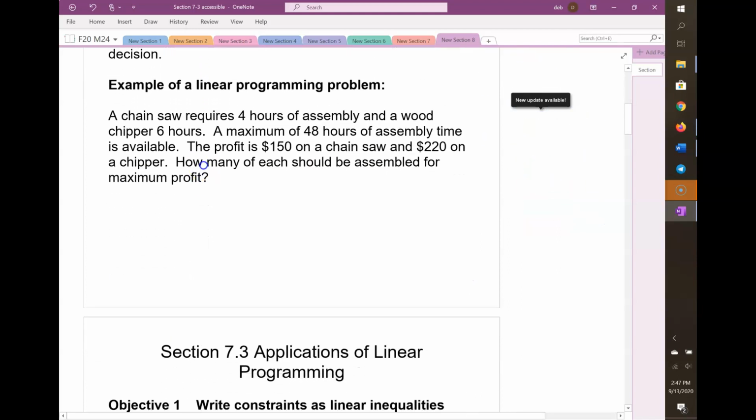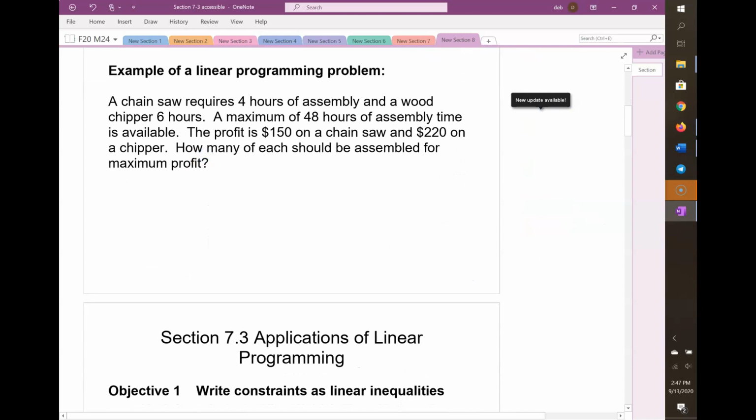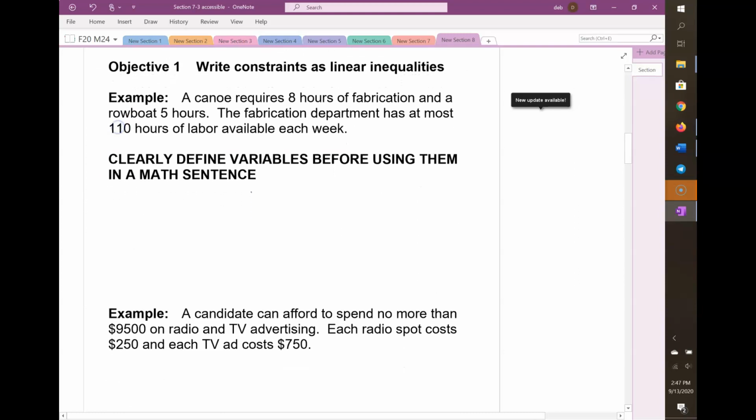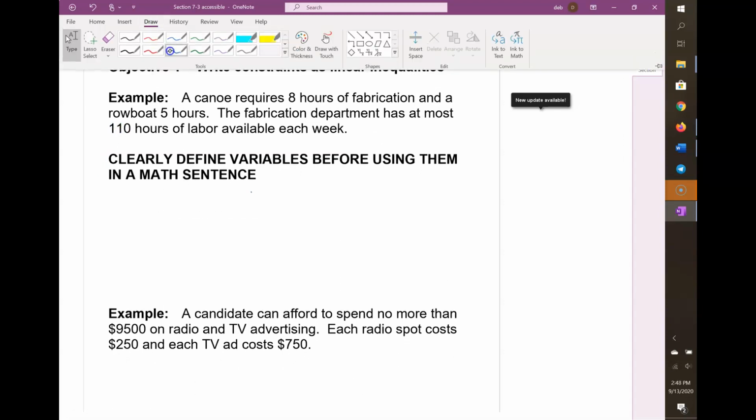So this is our example of a linear programming problem that we've been looking at, and we're going to actually solve it in this section where we have chainsaws and wood chippers being assembled, and we want to maximize our profit. So the first step is to write any constraints that you have as linear inequalities.